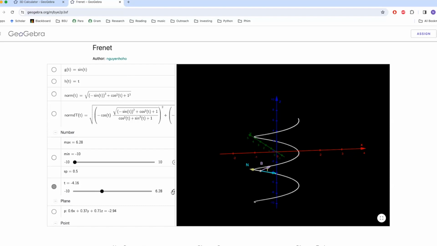And you can see the normal vector is always pointing inward, right? To kind of like toward the center of the helix. The tangent vector is easy to see. You just basically look at the tangent line along every point along the curve. The binormal vector, I will talk a little bit about that later, but it will change depending on the position of the particle. All right, so let's run the simulations now.